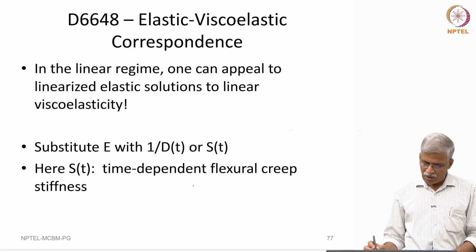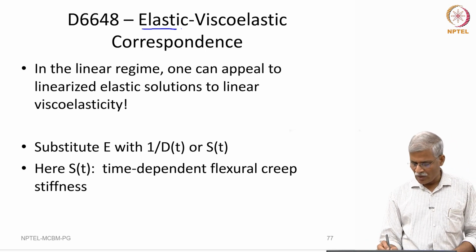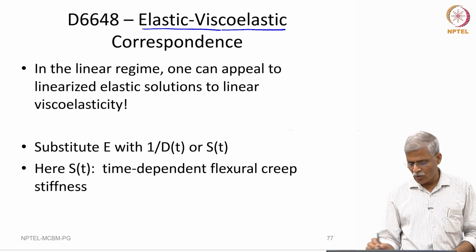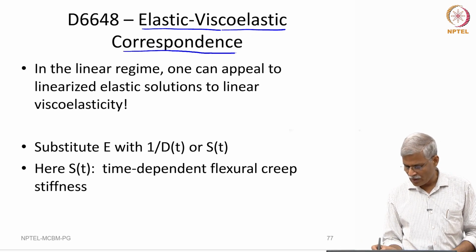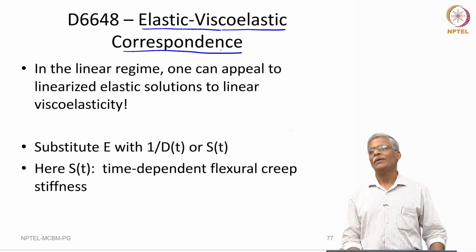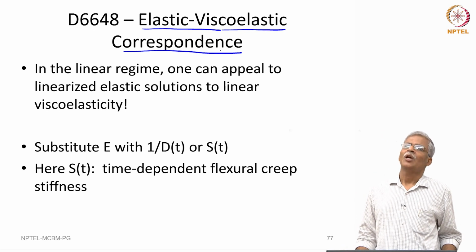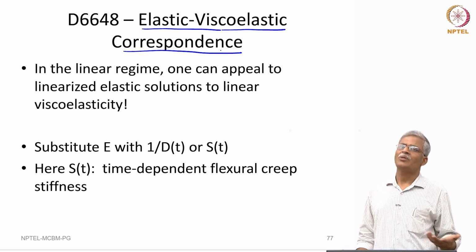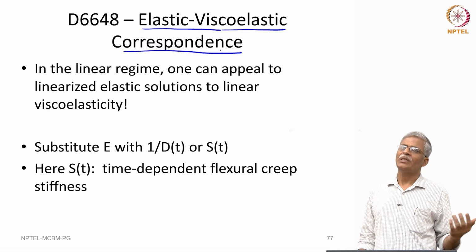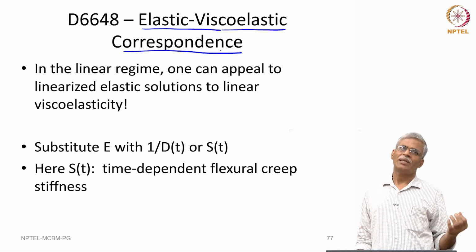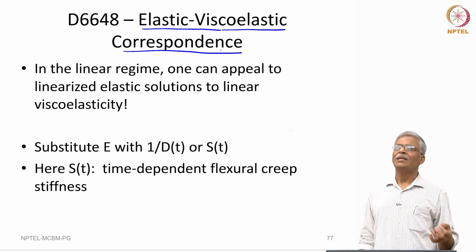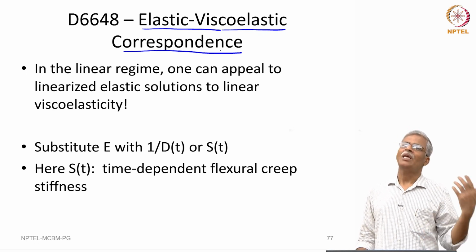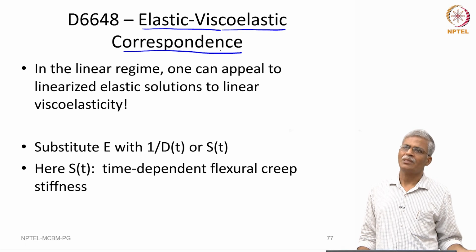What we can do is use what is called the elastic-viscoelastic correspondence principle. If you take a graduate level course on viscoelasticity, you will be taught this principle, in which we take well known solutions in linearized elasticity, do a Laplace transform and find out the equivalent solution in viscoelasticity.